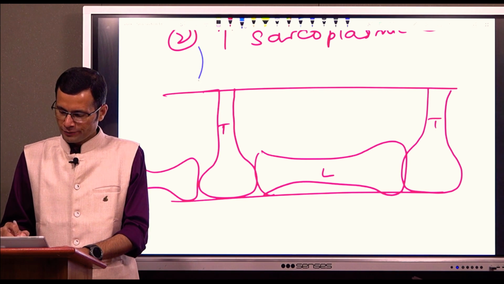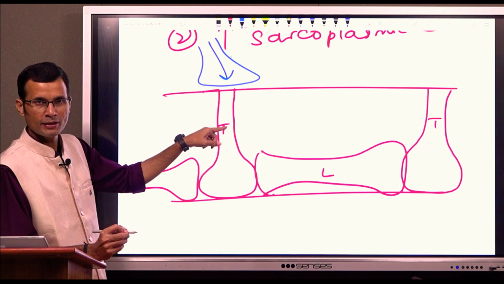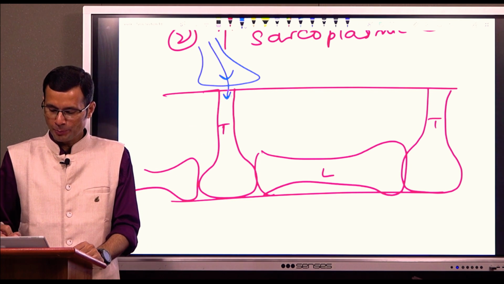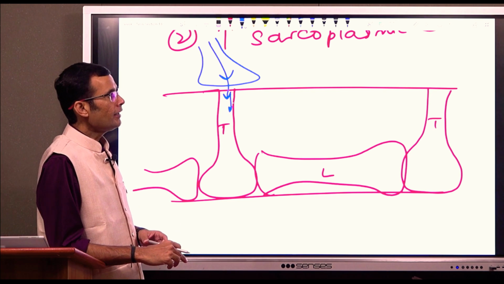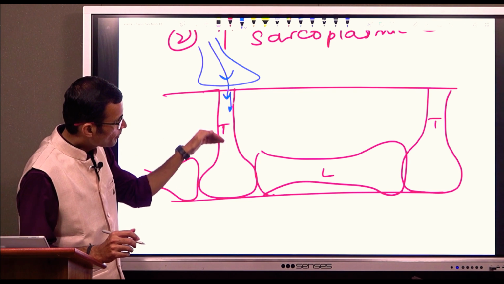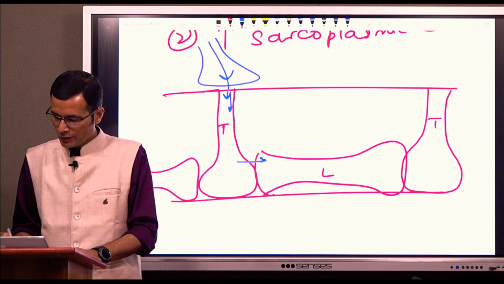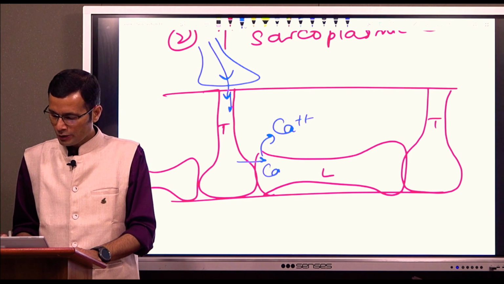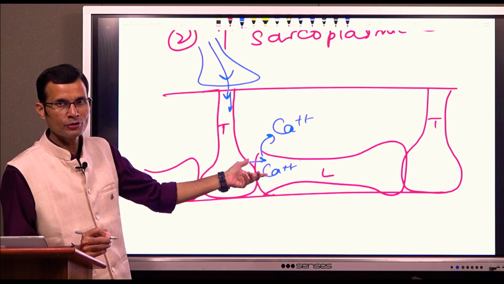A nerve sends an impulse to the muscle. It crosses the neuromuscular junction. The impulse enters the muscle via the T tubule. And then, as the impulse travels deep into the muscle, it causes release of calcium from the tubules, the stored intracellular calcium.